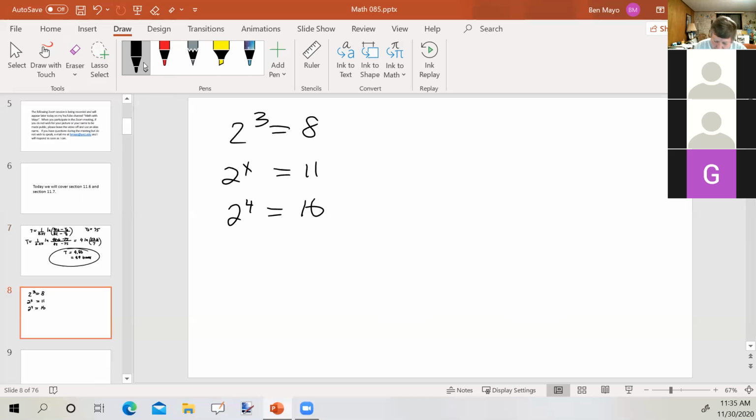And then I said, well, 2 to the x equals 11 could be changed to log base 2 of 11 equals x. The problem with that, we've learned about log base 10, or log, and log base e, or ln, natural log, but we haven't learned about log base 2, how to deal with that on our calculator.